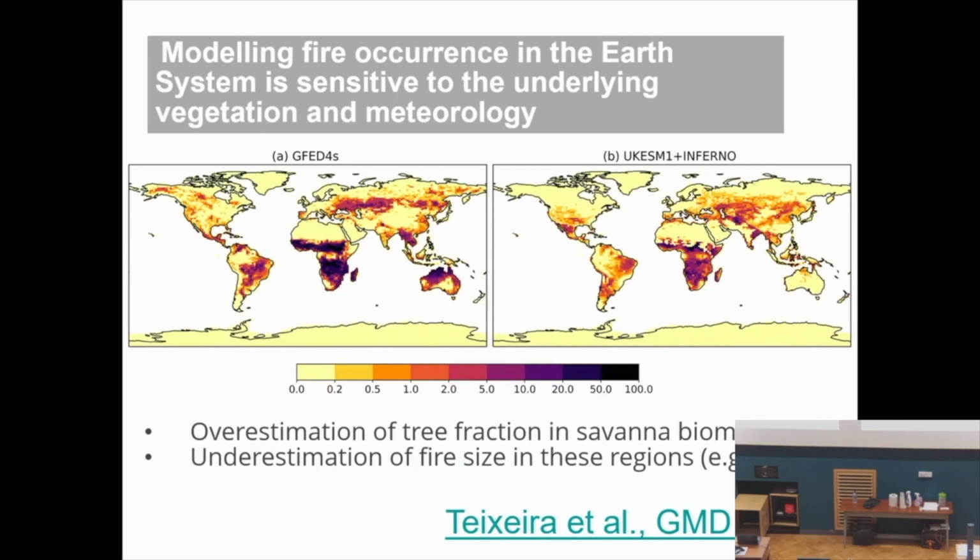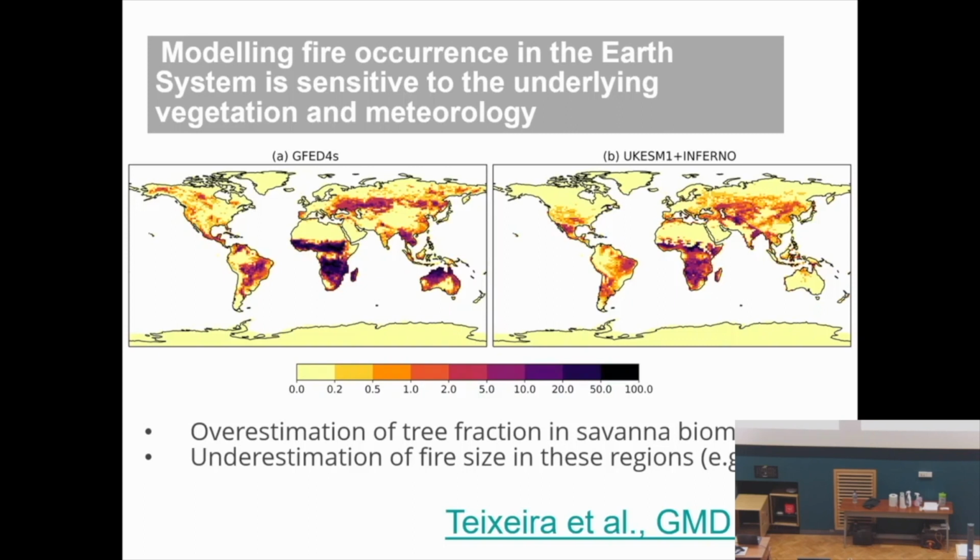What you can see, for example, over Africa, is an underestimation of the fire and the burned area relative to the observations. We've attributed that low bias to an overestimation of the tree fraction in savanna biomes. The fire spread amongst trees is lower than would be associated with savanna, and hence the fire doesn't spread, and so we're getting an underestimation.